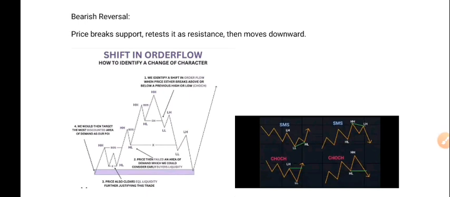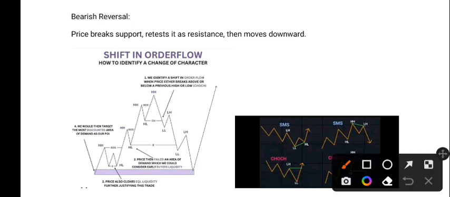The first one is this one. Normally we call it the CHOCH method, where price breaks this seat here. You can see price breaks it and then comes back and then starts going down. Or we can also identify this other level.